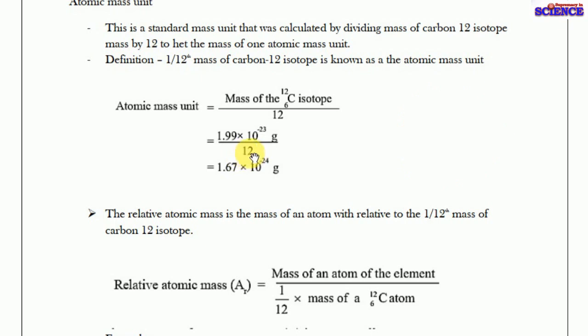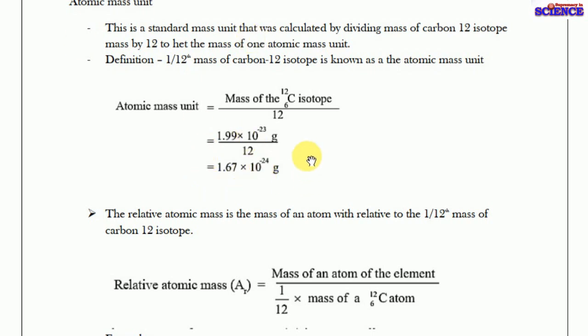So 12 nucleons, 6 protons and 6 neutrons, are present. So if you divide the mass of that carbon-12 isotope atom by 12, then you get the mass of either a proton or a neutron. That number is in grams. That is the atomic mass unit. So why do we want this?